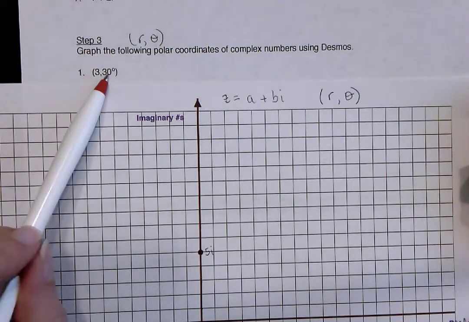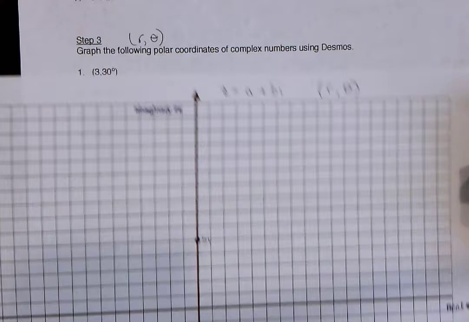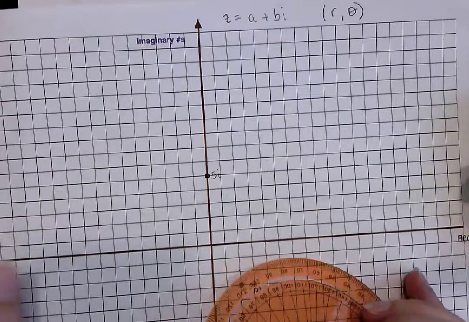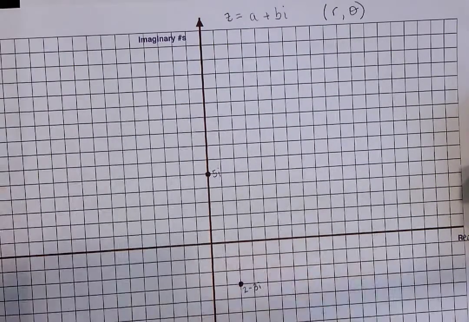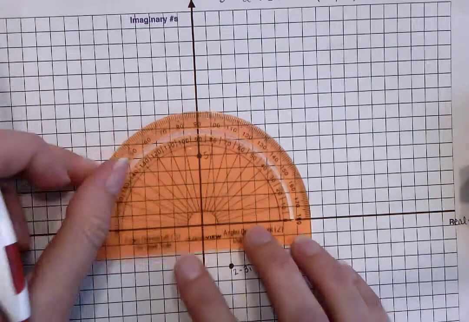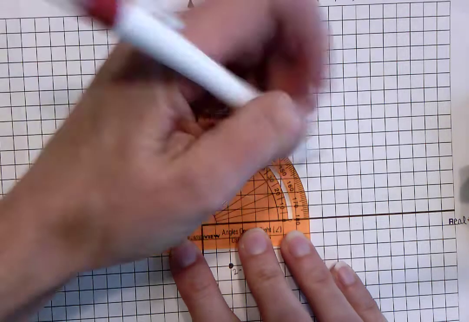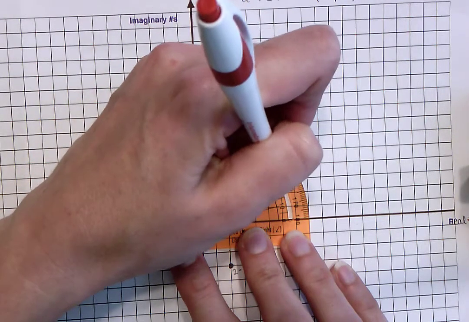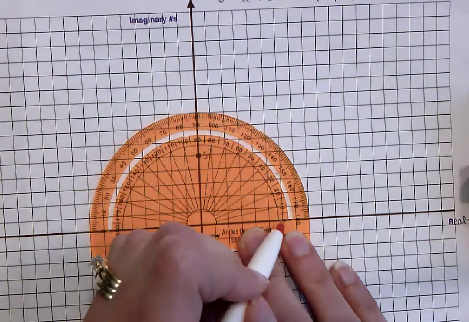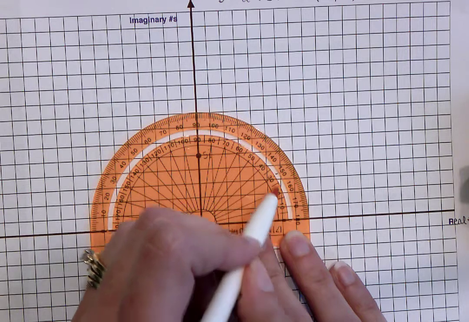So again, we have 30 degrees, so what I want to do is take my protractor here. I'm going to find 30 degrees first and mark that to give me a reference point, and then I'm going to figure out how to do my radius. So here's 30 degrees, starting at the x-axis, I go up to 30.